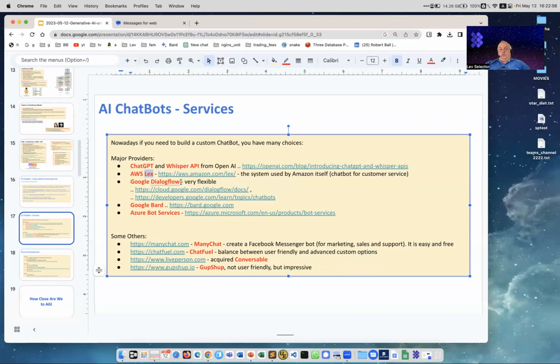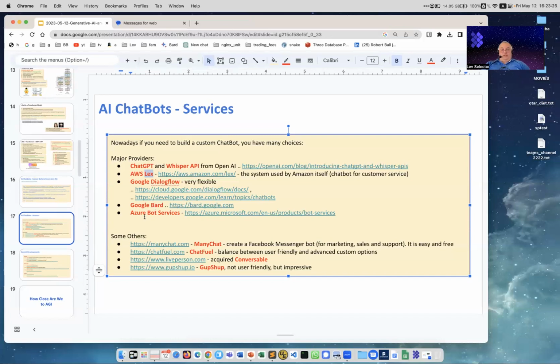Google Dialogflow is a similar thing. You can create structured dialogues in, let's say, your customer service chat. Of course, nowadays, all these human-created programs are more and more being substituted by programs where they use something like an LLM in the middle. So instead of human-written, you use just AI, artificial intelligence.